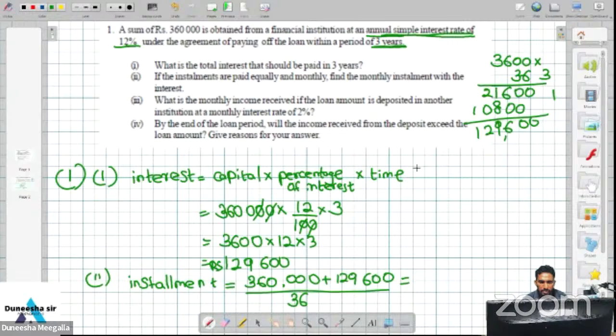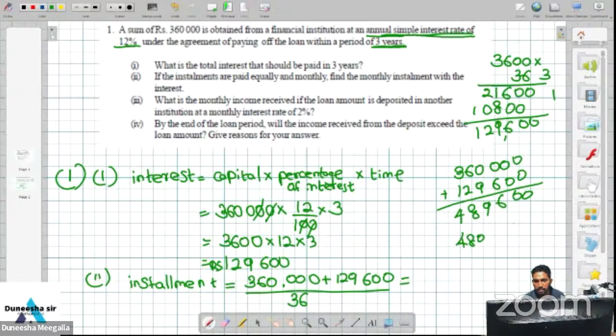Okay, how do we simplify it? 360,000 adding 129,600 is 489,600. You have to divide by how much? By 36. How much remaining?